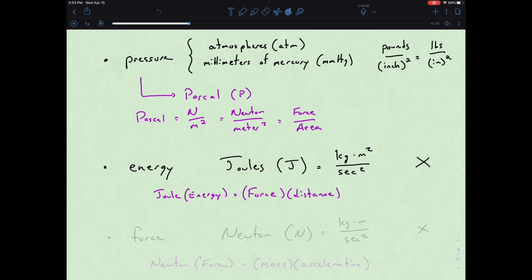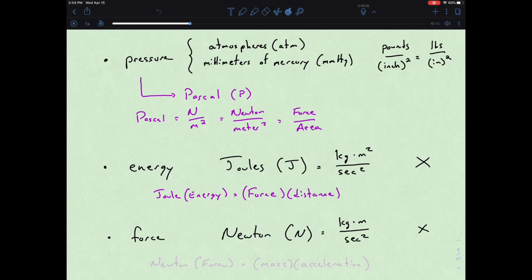And the last bit would be looking at maybe force. And with force, you're basically looking at the idea of a Newton, or capital N. Newton is in terms of kilogram meters per second squared.